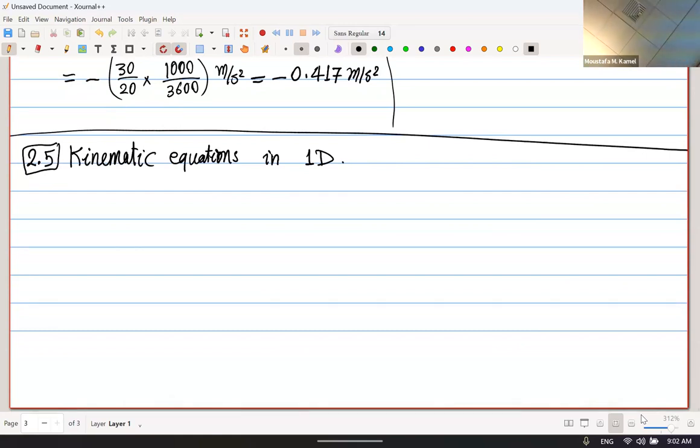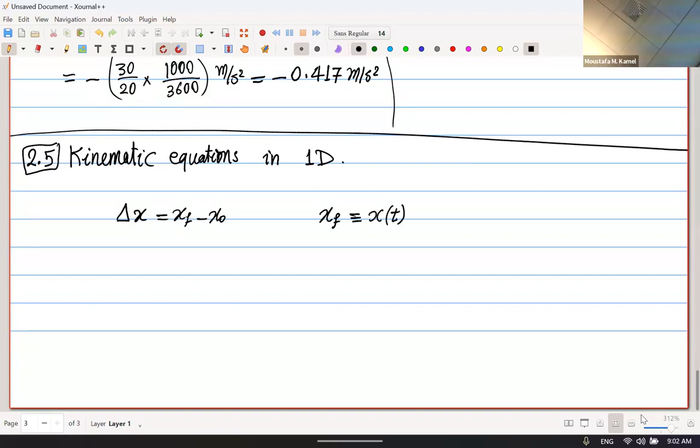So far we've defined displacement, velocity, and acceleration. We've defined average and instantaneous for every case. So let's just simplify our notation a little bit. So we had delta x being x final minus x initial. Instead of writing it as x final, we will write it as just x. So I will just write it as x at any moment of time.